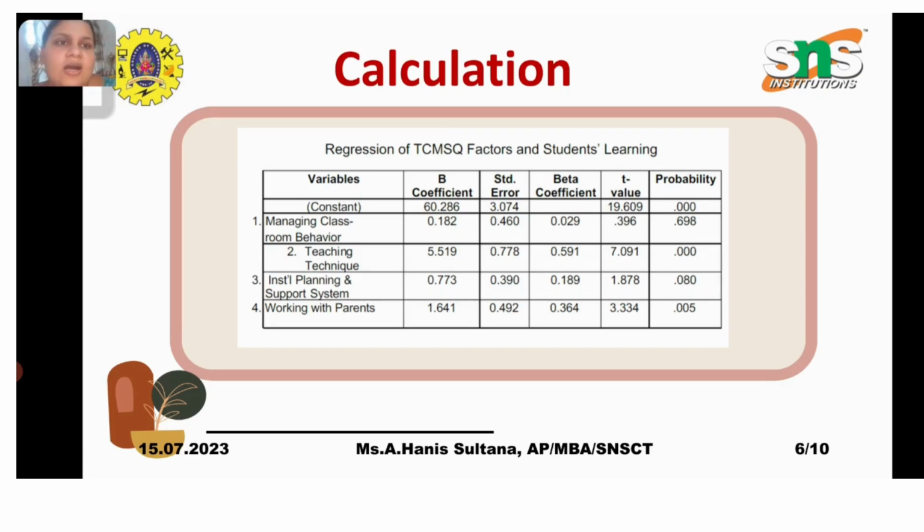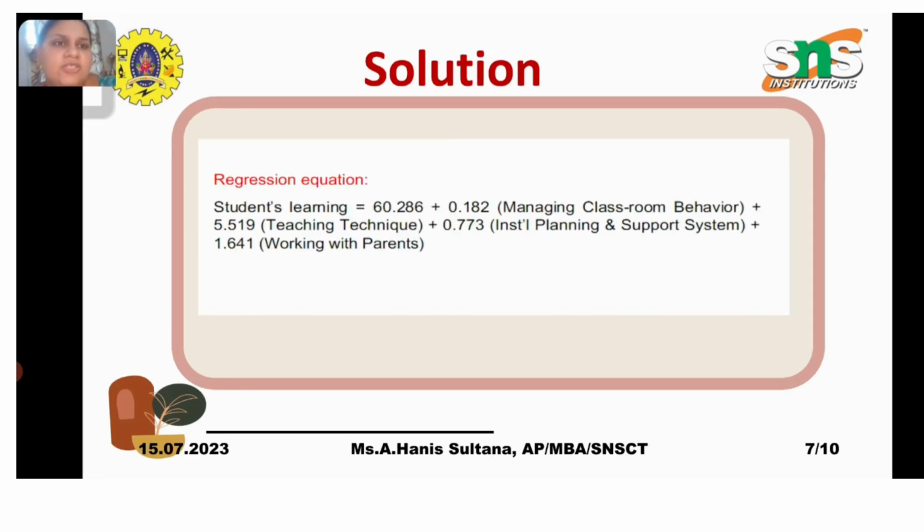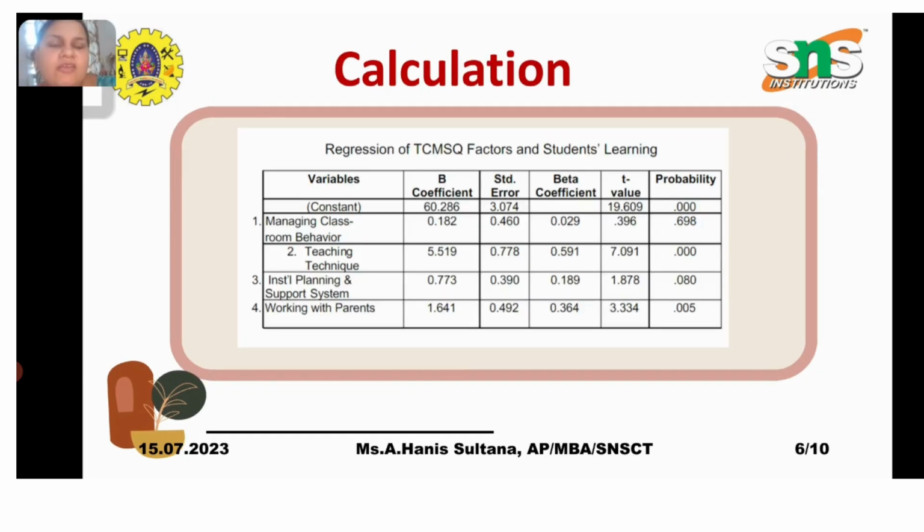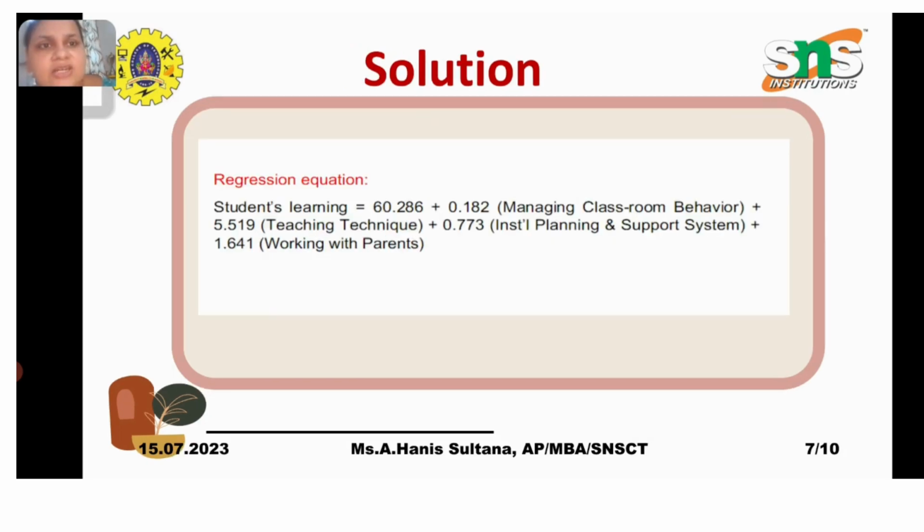Next, 0.82 for managing classroom behavior, plus 5.519 for teaching technique, plus 0.773 for planning and support system, and for working with parents it is 1.641. So nearly 55% of the teaching technique is impacting the chemistry classroom behavior. This is how we calculate the regression analysis.